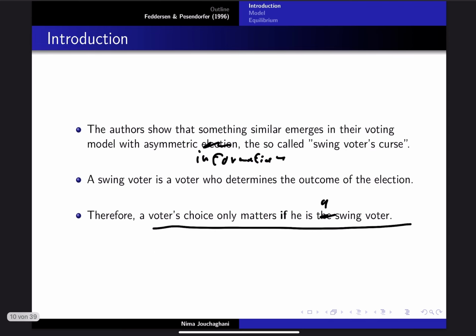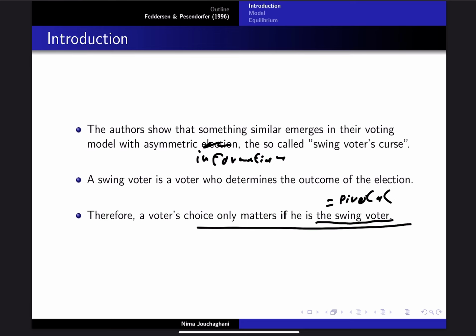So, just for the terminology here, let's stick with the swing voter, but I think it's not 100% precise. Let's say if you're the swing voter, like in the slides that I'm showing you now, it means that you're pivotal. I think there is a difference between being a swing voter and being pivotal, but let's say now it means that you're pivotal, because I think swing voter has a more general meaning.